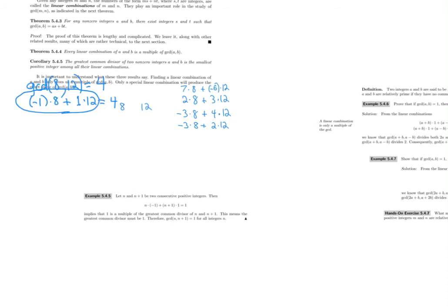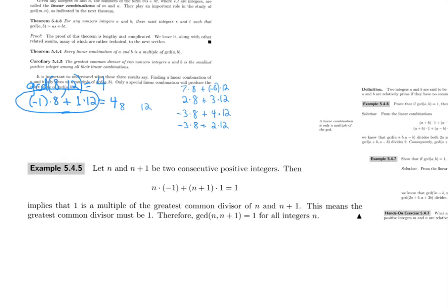Let's look at this example for now. If n and n plus 1 are two consecutive positive integers, we notice that we can write n times -1 plus n plus 1 times 1, and when we simplify this, we get 1. 1 is the smallest positive integer that exists, period.